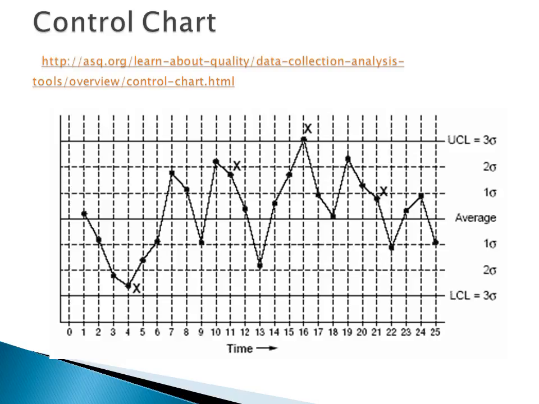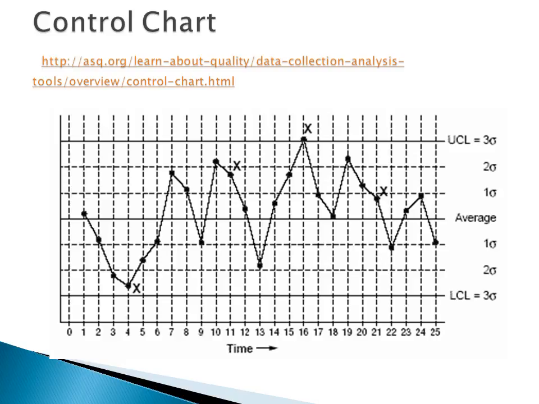And the lower control limit, which is more towards the bottom of this slide, is 3 standard deviations below the average. So you've got this range, and you're looking to see if your plots are falling within that range. If all the plots fall within the range, you usually consider that a controlled situation.